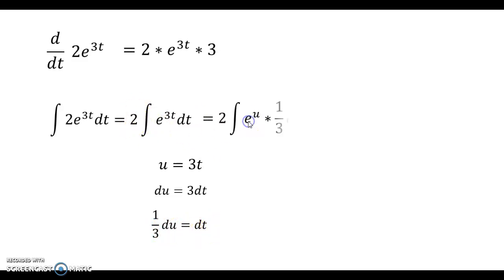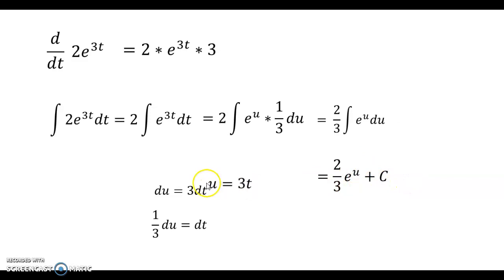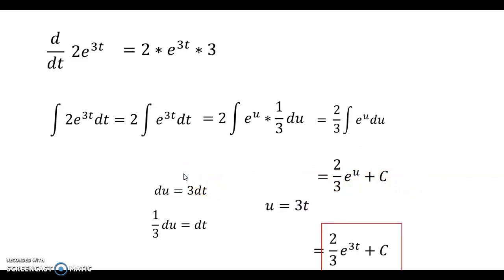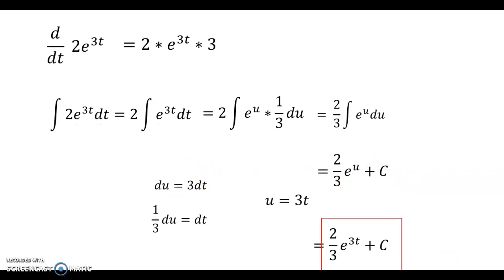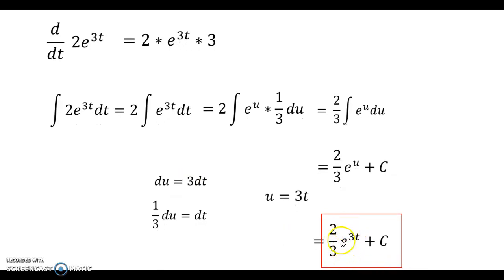So we're going to substitute that in. 2 times e to the u times that 1/3 du, because that's what we needed. I just pulled the 1/3 out and made it 2/3. So 2 times 1/3 is 2/3 e to the u, and simple piece of cake. 2/3 e to the u plus c. Substitute the u back in and get 2/3 times e to the 3t plus c. And we're done.